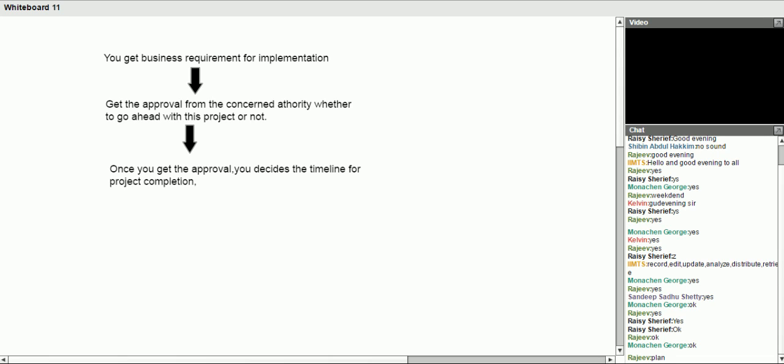Then once you first decide the timeline for project completion, then you decide budget, then you decide resources needed. Resources, two types. One is the hardware software resources, another is the manpower.